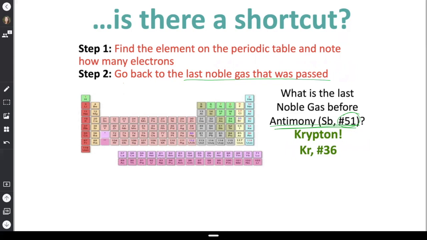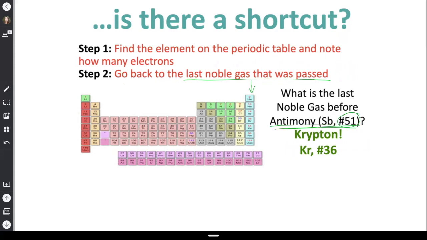Recall that all your elements on the periodic table are in order, left to right, of increasing atomic number. So that's what it means when it says the last noble gas that was passed. If I placed all of these elements in numerical order, what was the last noble gas that I passed before that element? Recall that your noble gases are all in group 18.